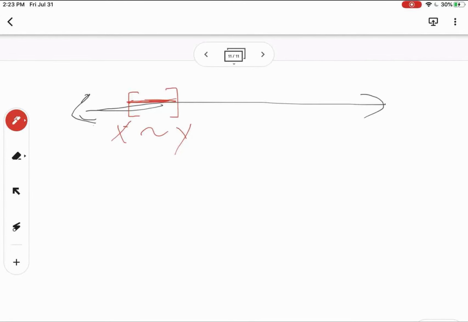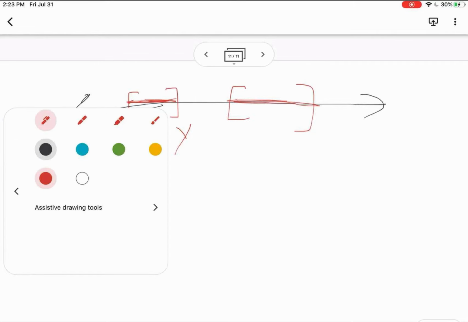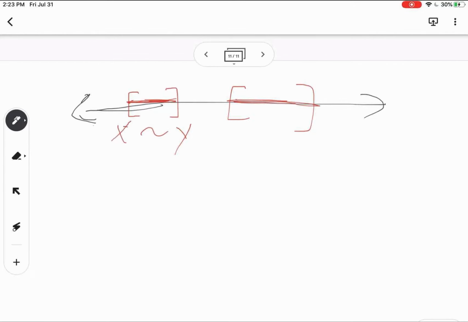So we have a bunch of these intervals, and there could be a lot of intervals. We're not given how many, but the point is the sum of interval lengths. The length would be y minus x.